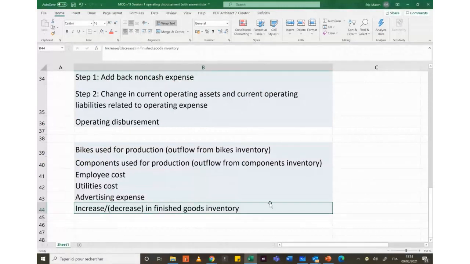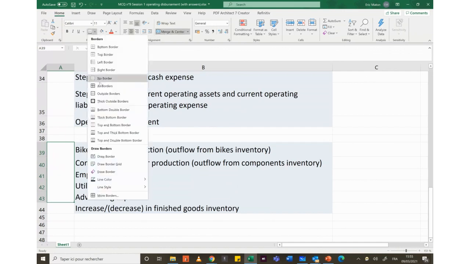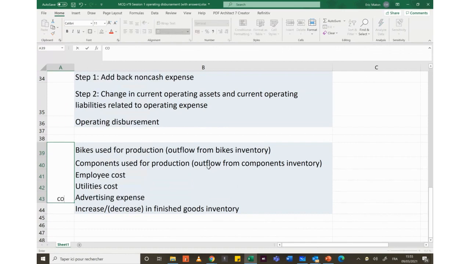With the change in finished goods inventory, now I will transform in order to have the equivalent to the cost of goods sold and the SG&A expense. So at this level here, if I include all this, I have the equivalent of the cost of goods manufactured plus the SG&A expense.